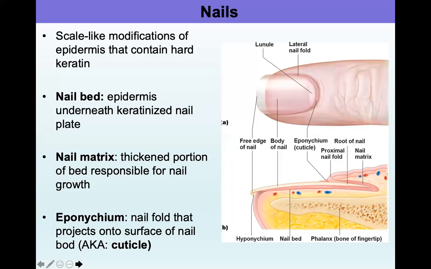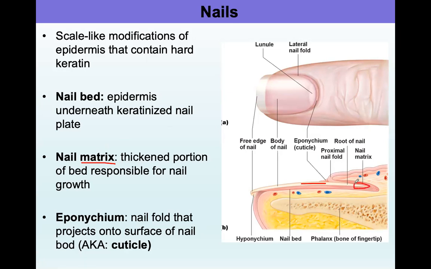You have a structure on your nail called the nail bed. If you look at the picture, here is the white portion is your nail, and the white tissue underneath it, that's your nail bed, basically where your nail sits. Nail matrix, remember guys, the word matrix is being repeated. That's the region where your nail actually grows, and that's located right here at the base of your nail.